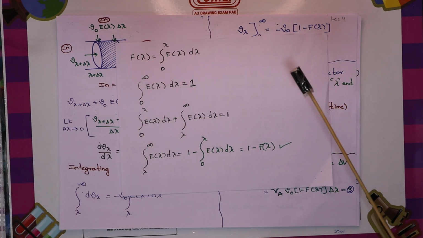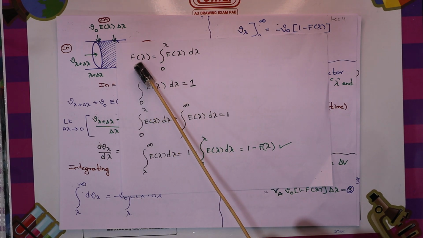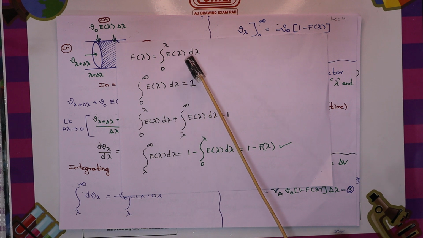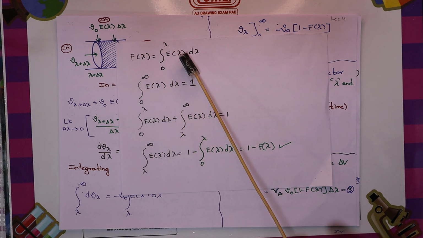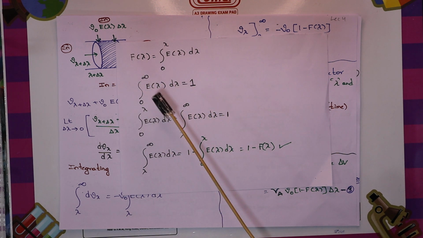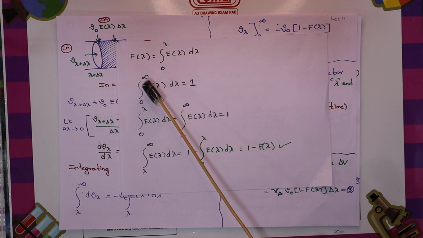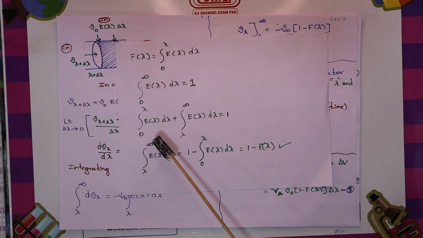How does it become f of lambda? I know the definition: f of lambda equal to the integral 0 to infinite of E of lambda into d lambda. Okay, this is the basic definition, the cumulative distribution and the residence time distribution. Therefore, I know the area under the curve, 0 to infinite of E of lambda into d lambda, equal to 1.